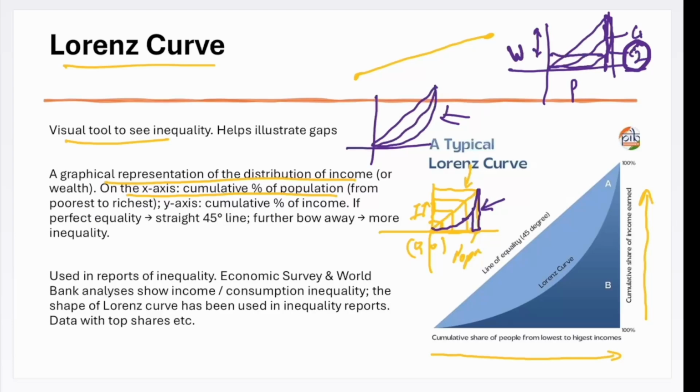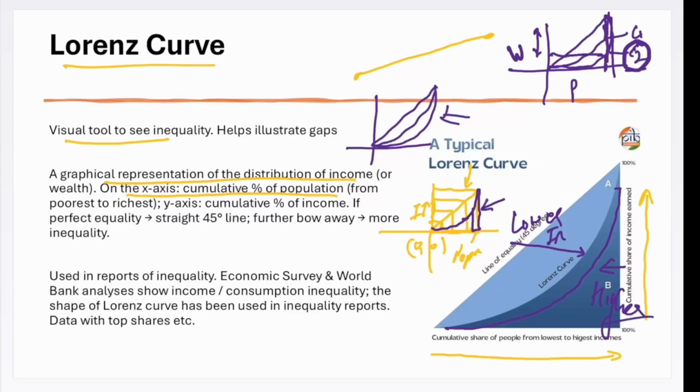So this is what it is trying to represent. Now see this. This is lower inequality. If I develop a curve here, it would be of higher inequality. So lower inequality and higher inequality.